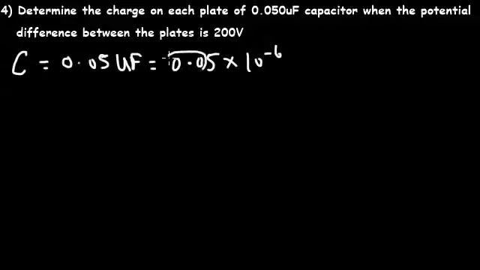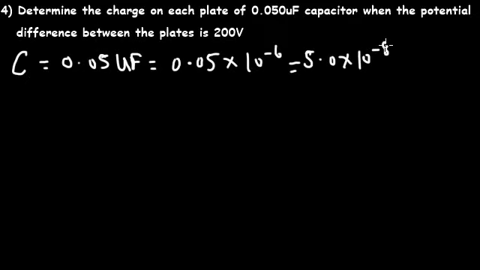And therefore, we have our final answer to be 5.0 times 10 to the power of negative 8 farad. That makes sense. Now we have the voltage V to be equal to 200 volts.